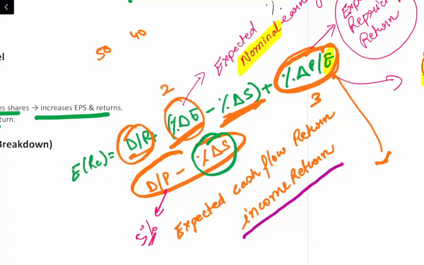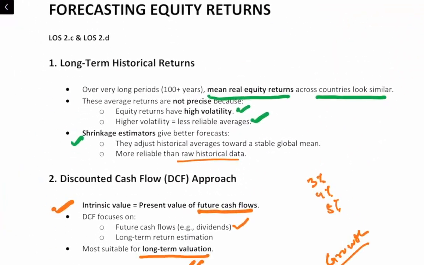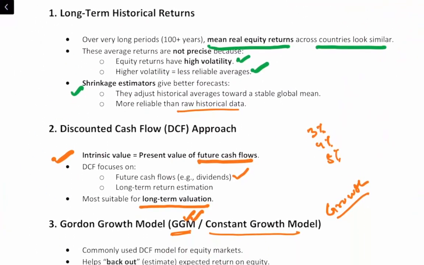So for the long term, you can understand that my PE ratio growth is approximately at the level of the long term average mean. But for the short term, it's very difficult to identify how much it is going to be, say 1 year or 2 years down the line. But when I talk about 10 years down the line, then yes, you can understand that it's at the long term average mean.